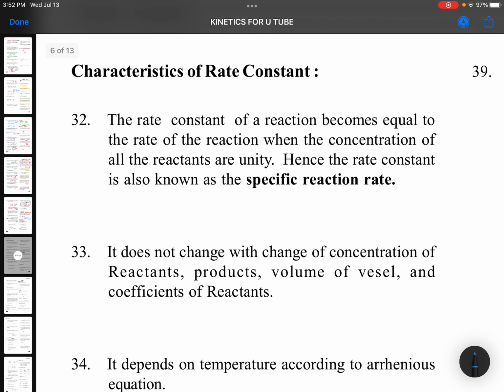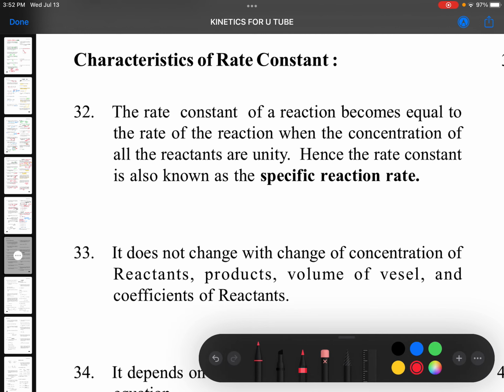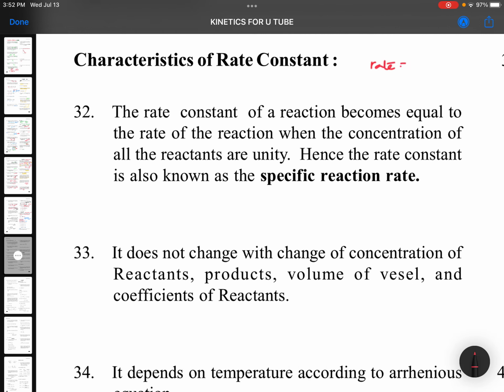Coming to the characteristics of rate constant. Rate constant is k, right? Rate is equal to k into concentration of something to the power of x. The rate constant of a reaction becomes equal to the rate of the reaction when the concentrations of all the reactants are unity.